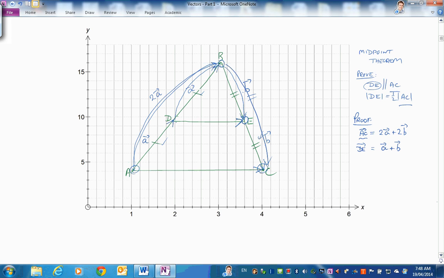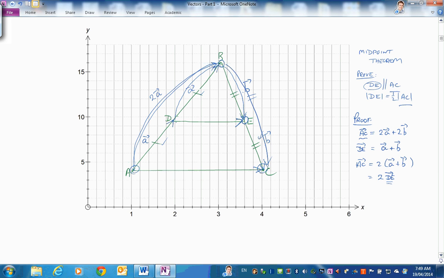Can you see we've just done it? Because AC is 2 lots of a plus b, and we'll come and talk about whether you can do this later. In other words, that vector AC is twice vector DE.